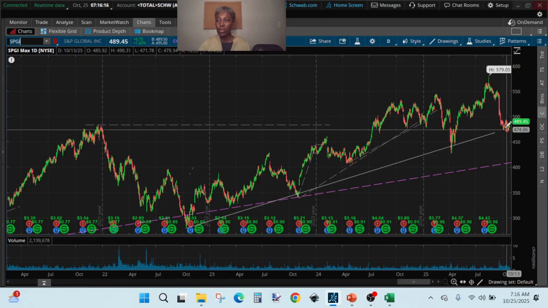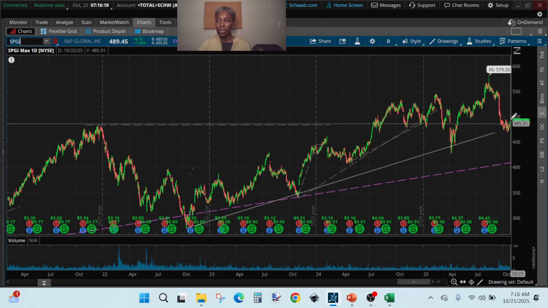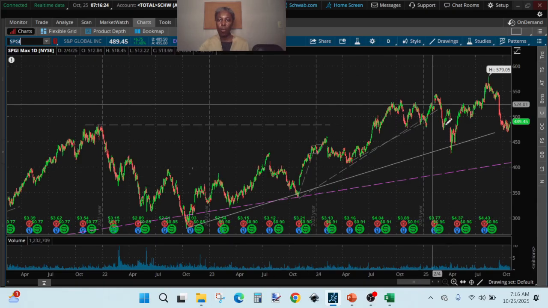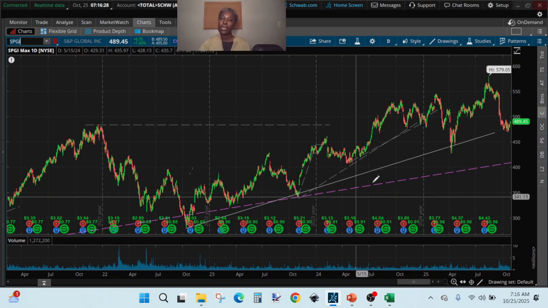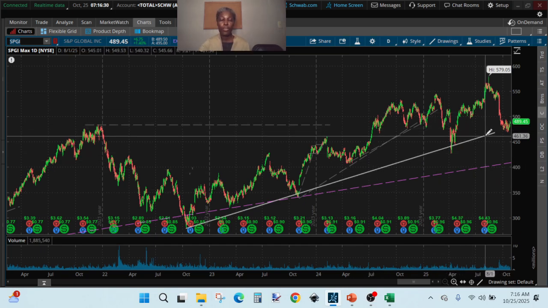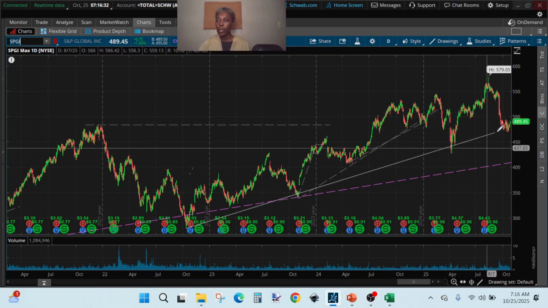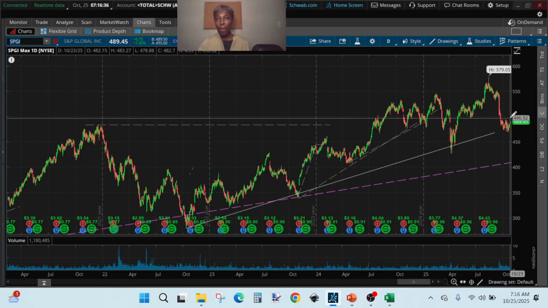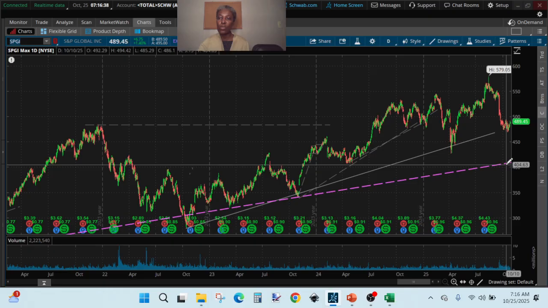In addition to that, you'll notice the direction. I'm not zooming in when I'm doing this analysis because I want to see the overall trend of the chart and see in which direction the chart is going. So that's why we use the maximum daily chart. By using the maximum daily chart, we are using the valley line, not the all-time valley line.